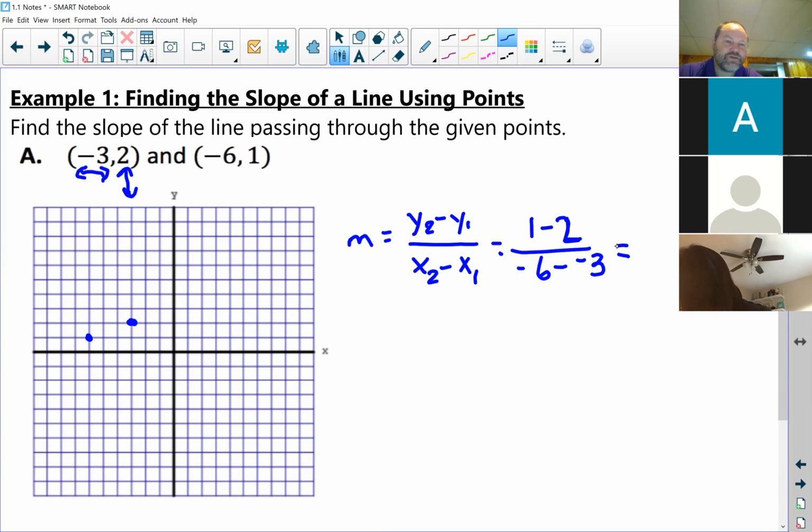Again, if you're going to find the slope using the points, I really don't like subtracting -3. I would change that. Subtracting a negative is the same as adding a positive. So then what I have is 1 minus 2. What is 1 minus 2?